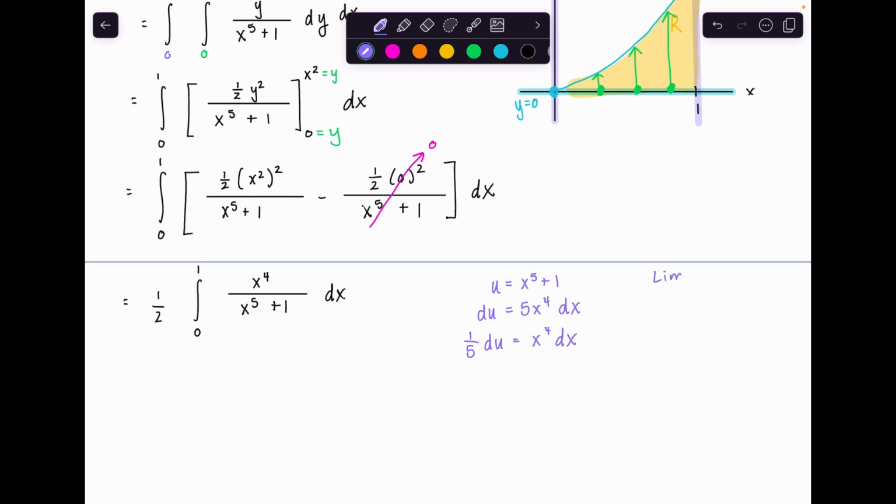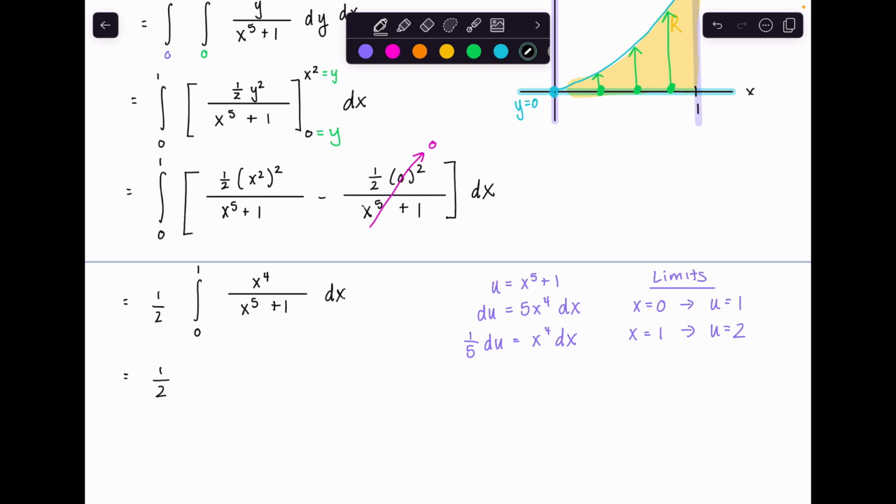I also want to change over my limits as well, so I don't have to go back. When x is equal to 0 for my lower bound, my u is 0 to the fifth plus 1, so we get 1. When x equals 1, u is 1 to the fifth plus 1, so u is 2. So this way I don't need to go back to my starting variable.